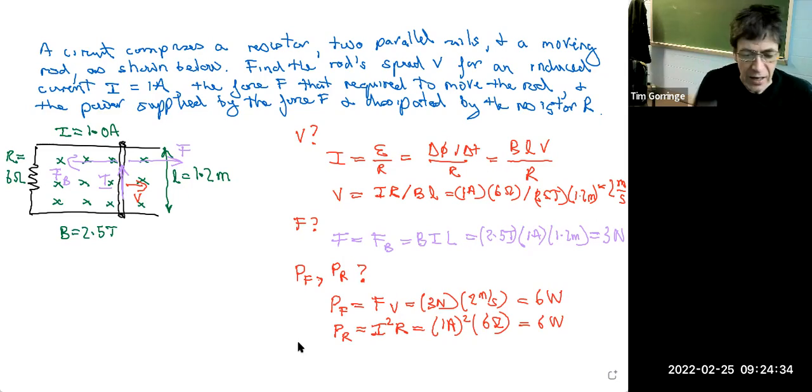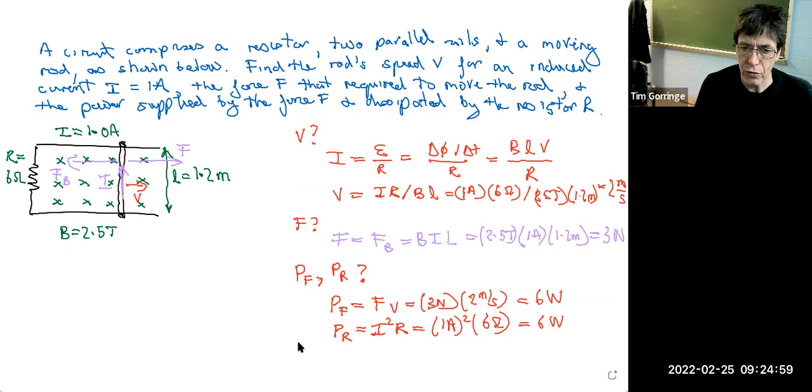That was an example problem that involved induced currents, induced EMFs, and Faraday's law that describes induced EMFs and induced currents. A particular feature of this problem was that the induced EMF was not due to a changing magnetic field.